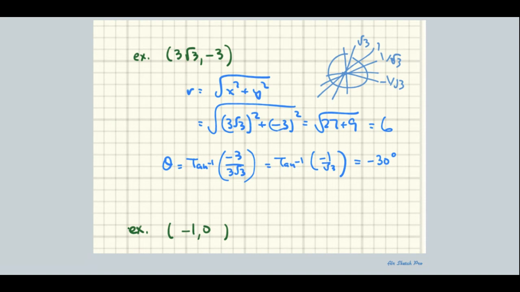The small slope is 1 over root 3, the big slope is root 3. The small slope goes with 30 degrees, and the large, steep slope is 60 degrees. That's the root 3. This is 1 over root 3, so it's the 30.